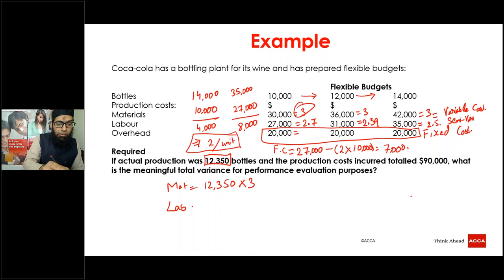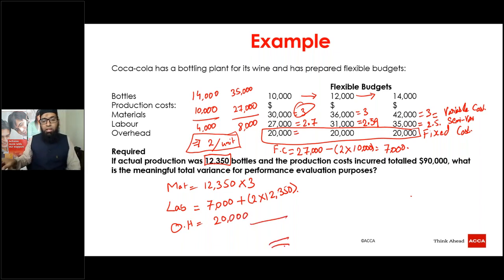For labor, it will be 7,000, the fixed cost, plus the variable cost per unit, which is 2 per unit, multiplied by 12,350. And finally, the overheads will remain the same, that will be 20,000. So I will calculate it and I will have a flexible budget. Okay? Have you understood that?